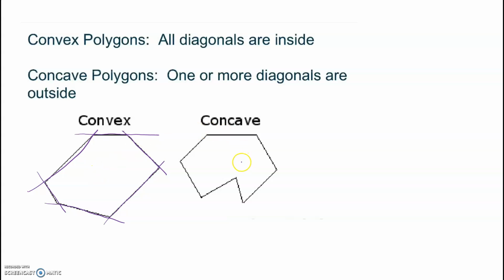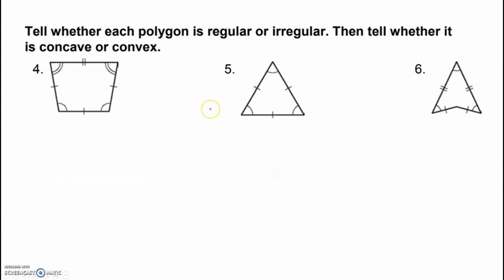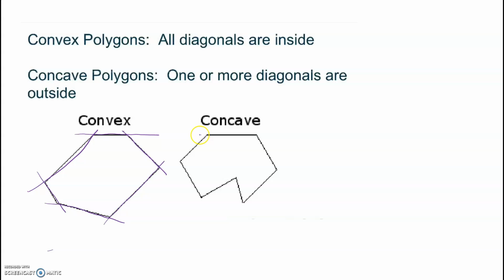However, if you look at concave, I'm going to keep it purple. Okay, that one never goes inside. That one never goes inside. So you're probably looking at it, like, what's the difference? That one never goes inside. And then you get to this one.